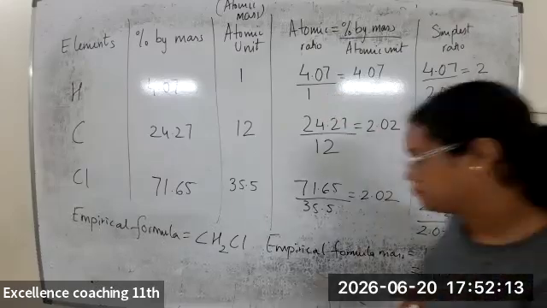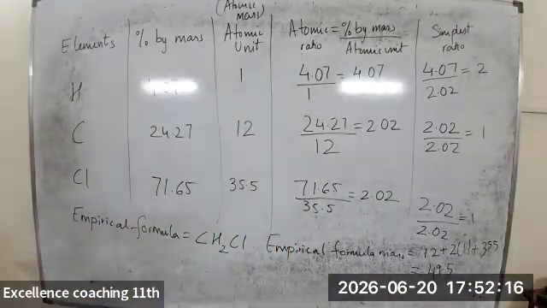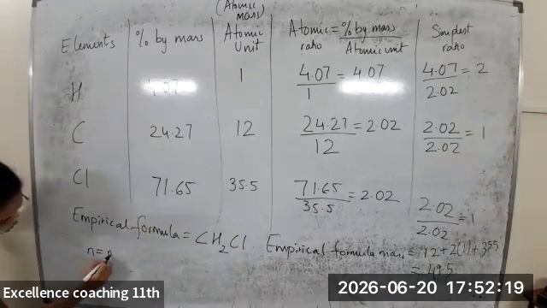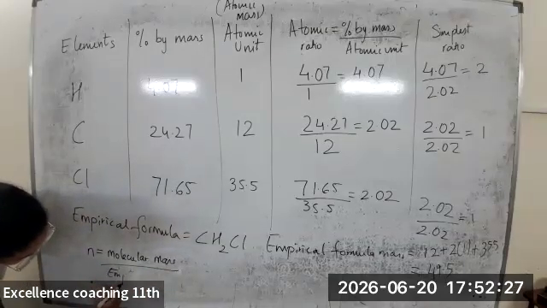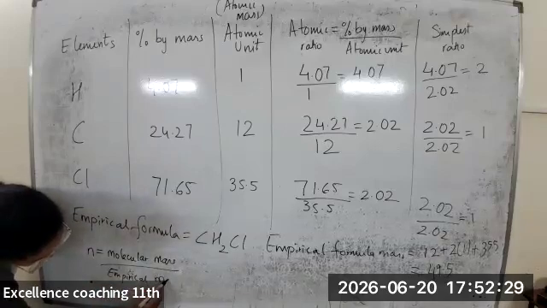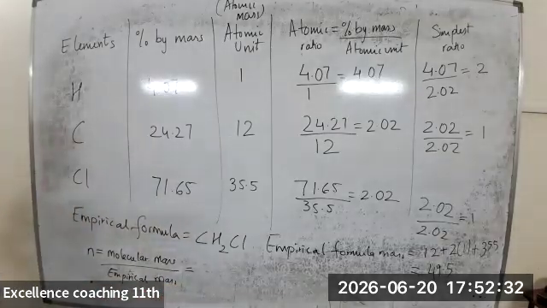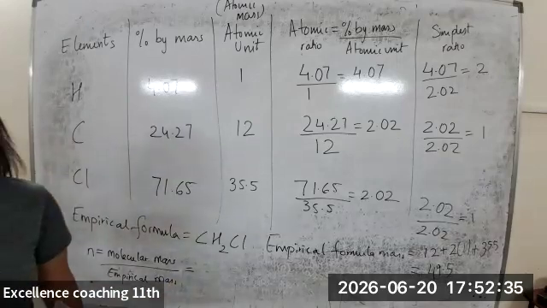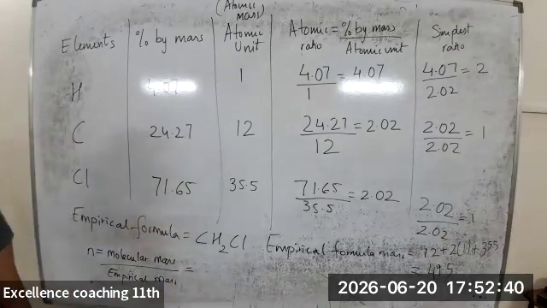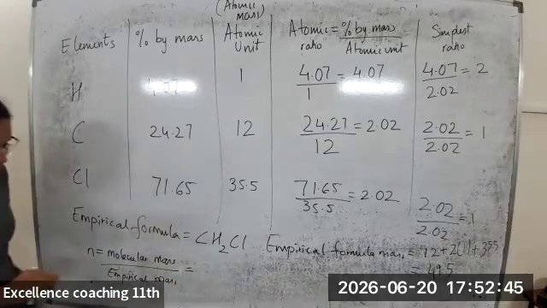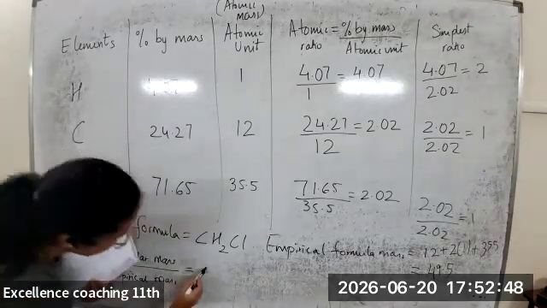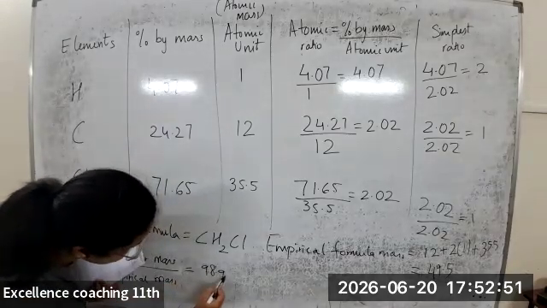Okay. So now there is another formula. N will be equal to your molecular mass upon your empirical mass. So what is the molecular mass? We are given it in the question. Molar mass is also called molecular mass, I told you all at the start. So how much is it? 98.96.